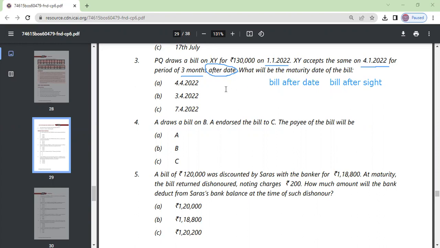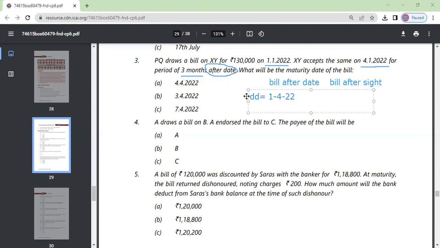Now tell me, in this question, what do they mention? Bill after date or bill after sight? They mention bill after date. So the due date can be calculated from the date of bill drawn. What is the date of bill drawn? 1st January 2022 plus 3 months is called the due date. 1st January and 3 months, April. 1st April 2022 is the due date.